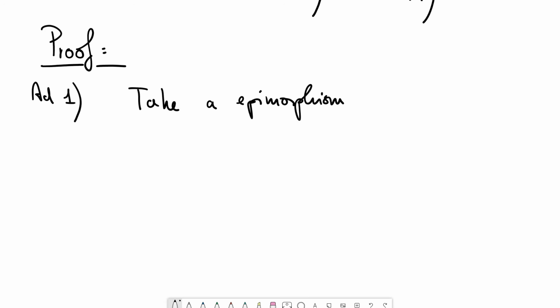You can take a free module to the module M. Take an epimorphism to M from a free module, not actually finitely generated, just a free module, because I don't assume that M is finitely generated.